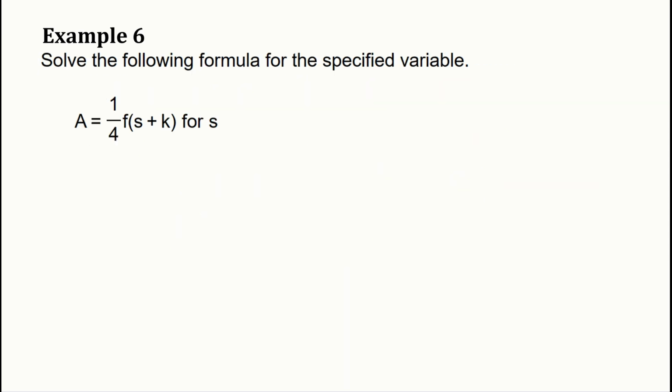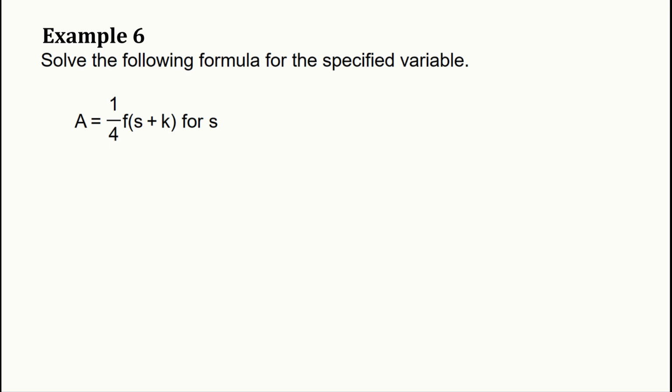Okay, in this next example, we're going to solve this formula for s. And in order to do that, the first thing we're going to do is go ahead and eliminate the 4, since we can multiply both sides by 4. So let's start with that.